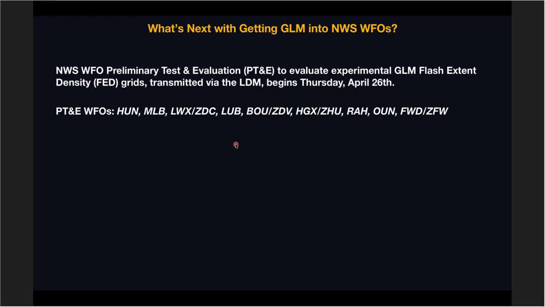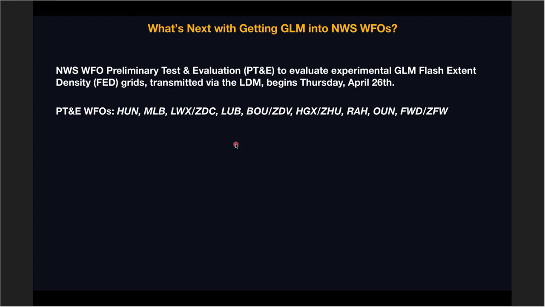These WFOs were chosen because the majority of them have traditionally been within a lightning mapping array network. And remember, we've gone through this lightning data quite a bit in the operations proving ground. We've reduced the latency of it.